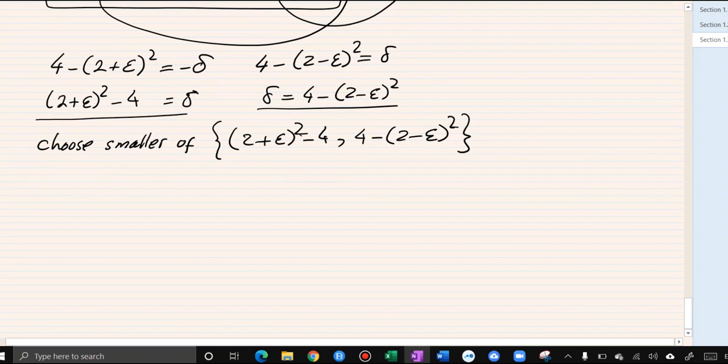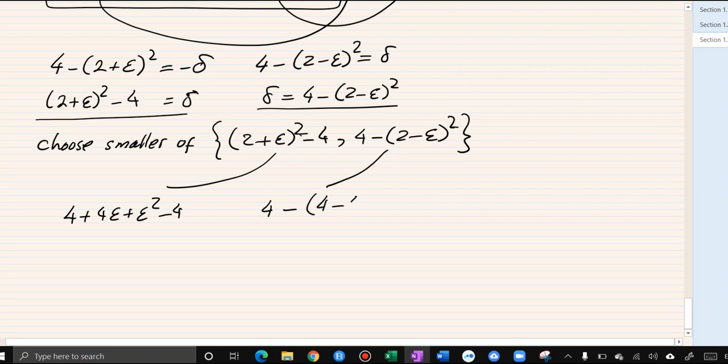Okay, let's look at the first part. I'm going to expand the binomial. That's 2 squared, which is 4, plus 4 epsilon plus epsilon squared, minus 4. And then the other one is 4 minus, 2 squared is 4, negative 4 epsilon plus epsilon squared.